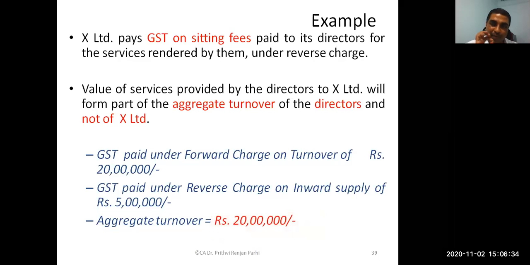Now, let me add one more point here. Let us say there is one more issue. GST paid by others, not by this company, by some other people, under reverse charge mechanism, on outward supply, another 5 lakh. Whether that will be included, that means you have made supply. Let us say somebody else has paid GST on that under reverse charge mechanism.